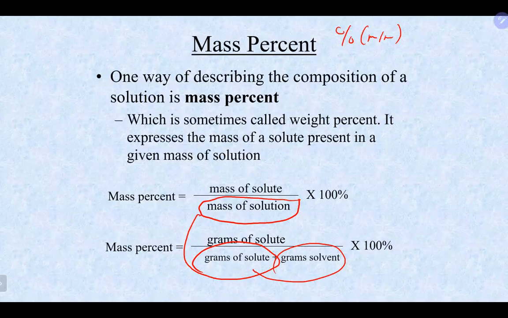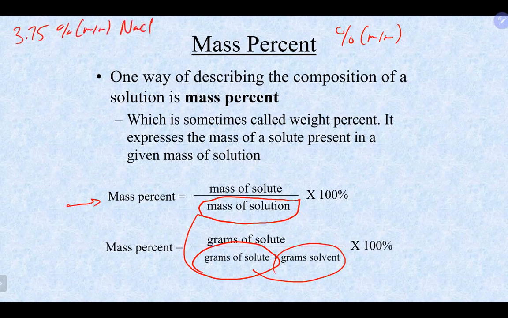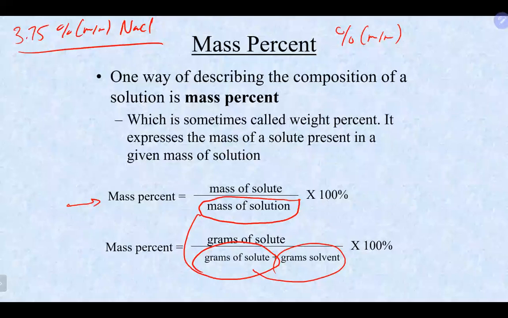What does that mean? Sometimes you are given the percent mass to mass, and you can plug it into this formula here. But if you're given 3.75% mass to mass of sodium chloride, you could take that if you wanted to do more of a dimensional analysis calculation. You could convert that into some usable conversion factors.